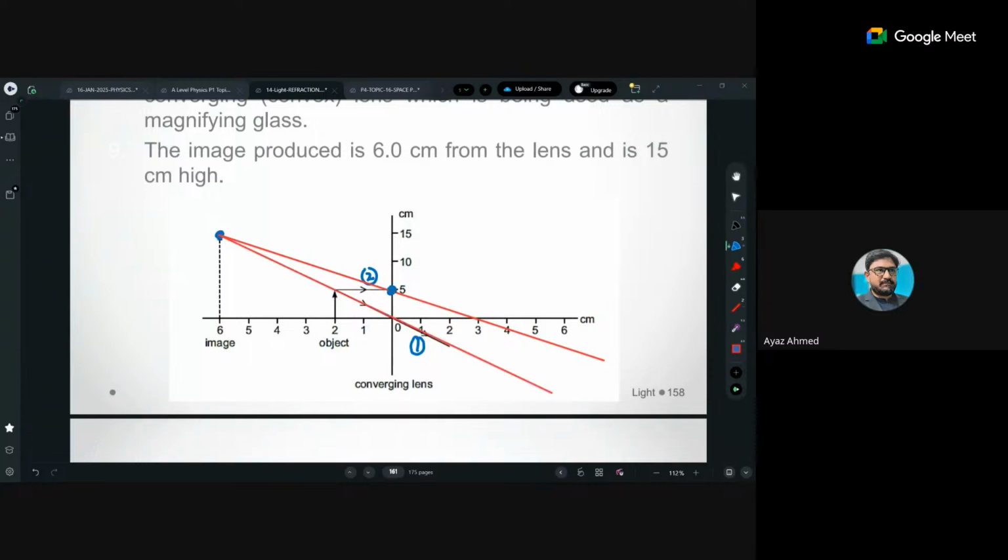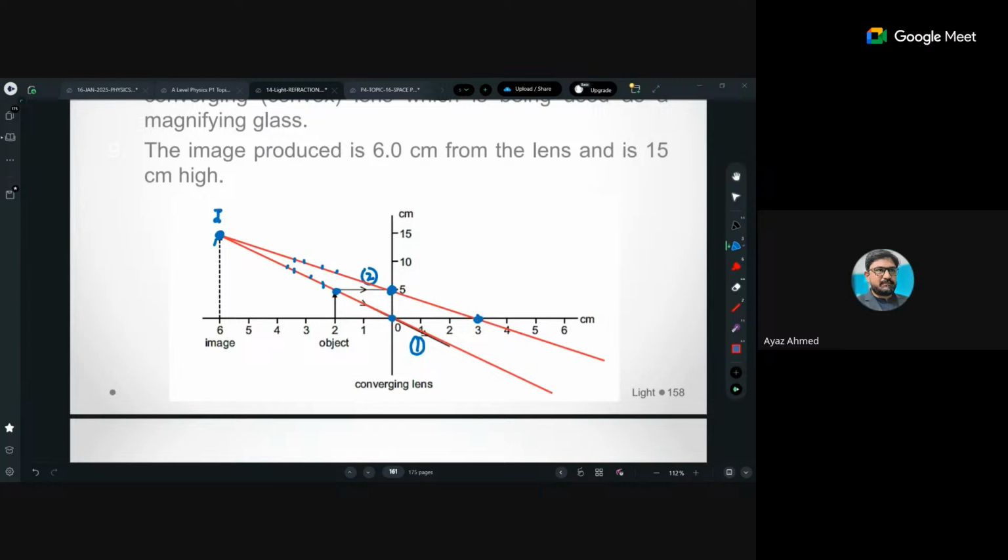I joined this point and this point, I drew one line. Then I joined this point, the head of the object, the optical center, and the head of the image. So I have joined these 3 points. One point is the intersection point, the common point for the head of the image. The head of the image is here. So you can say that this is the imaginary line.